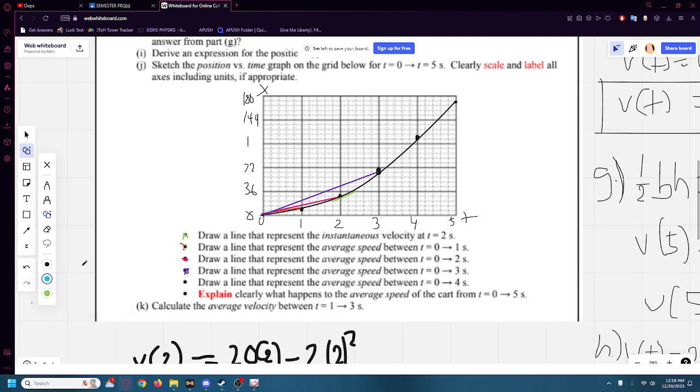And then it says one more line from 0 to 4 seconds, which is around here.